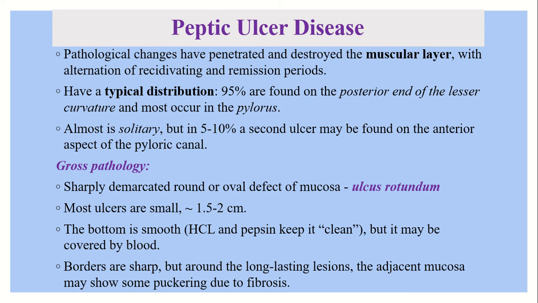Almost always solitary, but in 5-10% a second ulcer may be found on the anterior aspect of the pyloric canal. Grossly, it is a sharply demarcated round or oval defect of mucosa, known as ulcus rotundum. Most ulcers are small, approximately 1.5 to 2 cm. The bottom is smooth. The hydrochloric acid and pepsin keep it clean, but it may be covered by blood.